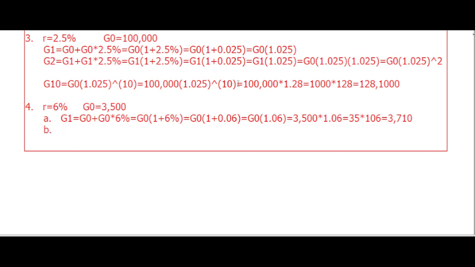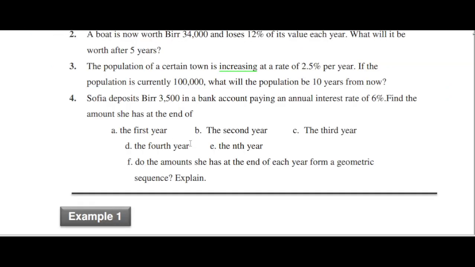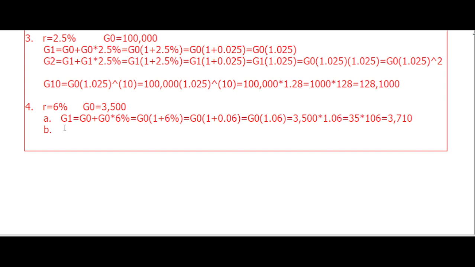Question B asks us to find the second year, G2. Let's compute it. G2 is equal to G1 plus G1 times 6%.